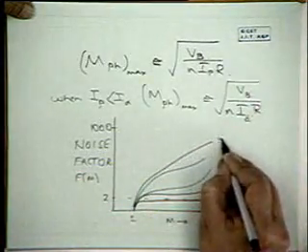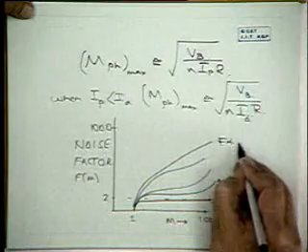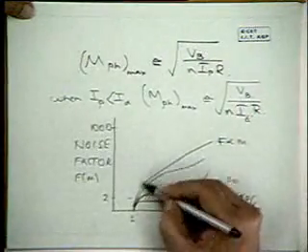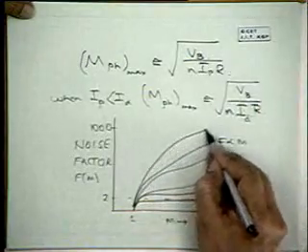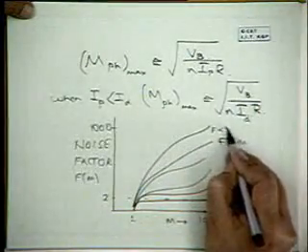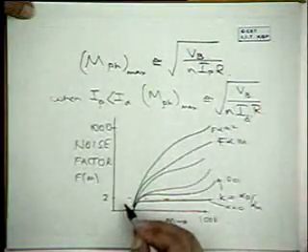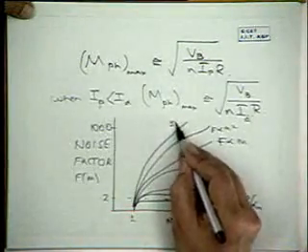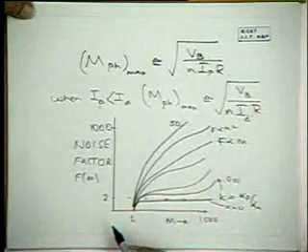For F proportional to M, one gets, and then for F proportional to M squared, okay, so this 50.